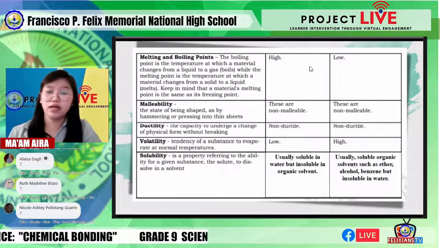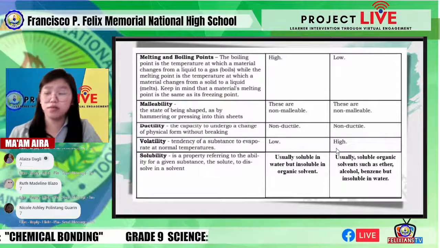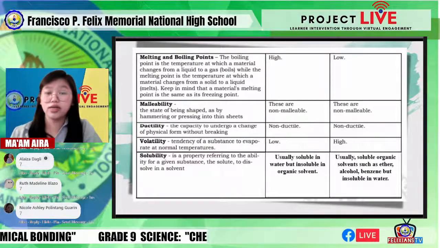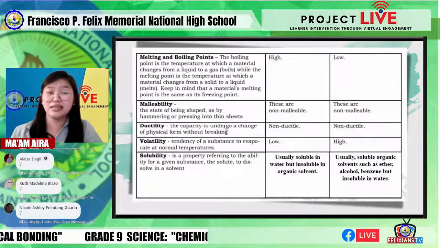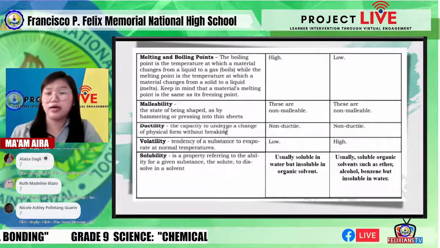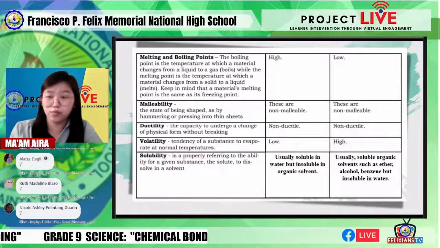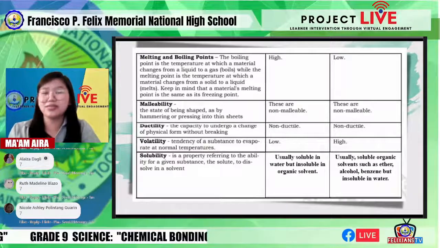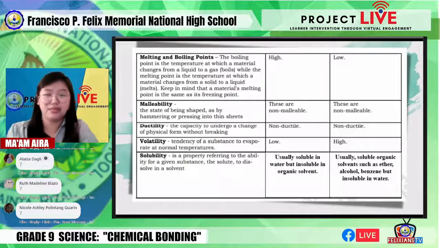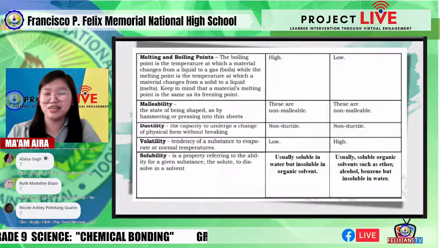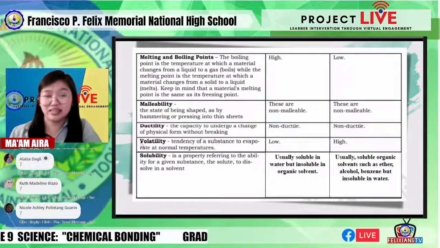Ductility, both ionic compounds and covalent compounds are non-ductile. Ductility is the capacity of an object to undergo a change in physical form without breaking it. So, hindi dapat sila basta-basta nag-break into pieces. So, ionic bond and covalent bond are non-ductile.